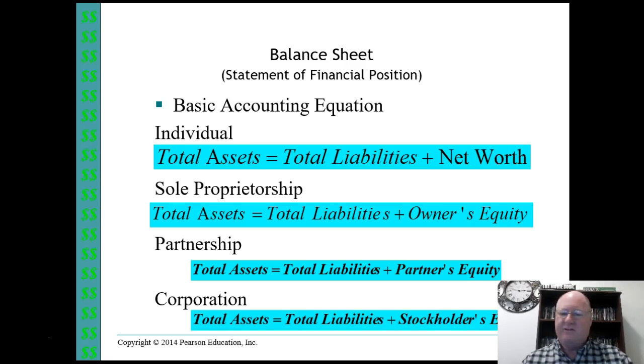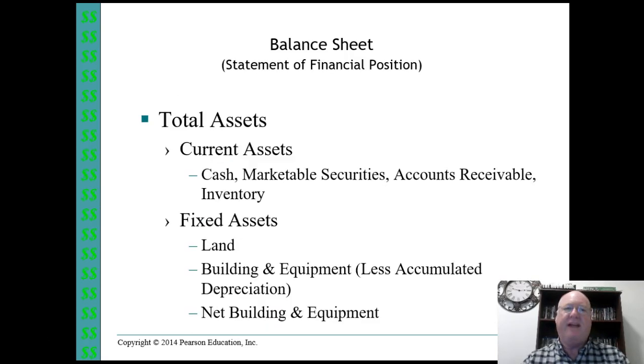So let's discuss some of the more common components that you are going to see in a balance sheet or a statement of financial position. First of all, on the asset side, you'll have the category called current assets.